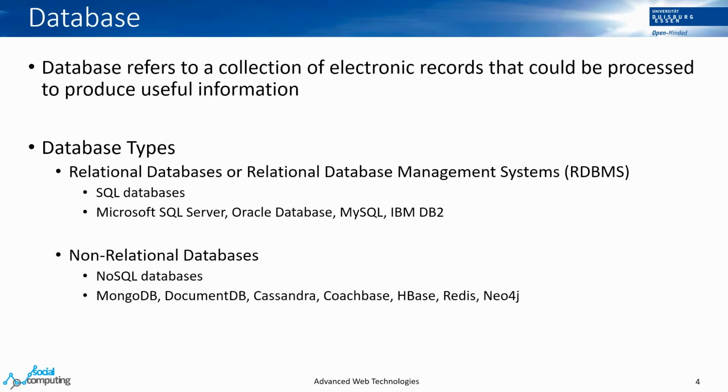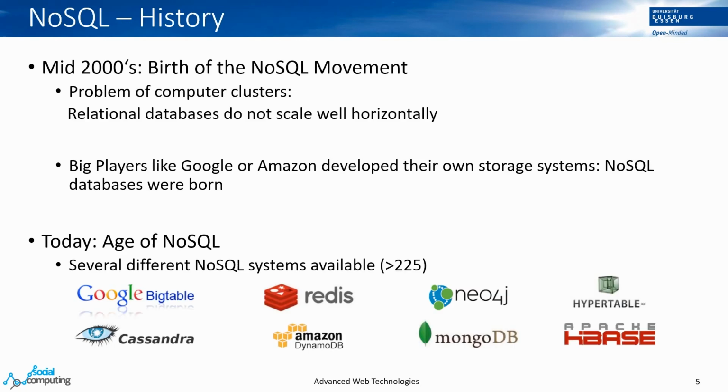These include MongoDB, CouchDB, and Cassandra. These databases store information in the form of documents or columns or different types, and they don't have relationships between the different information stored in them. We will go into detail of each of these types in the next few slides.